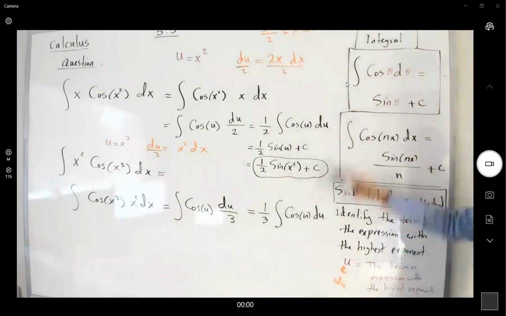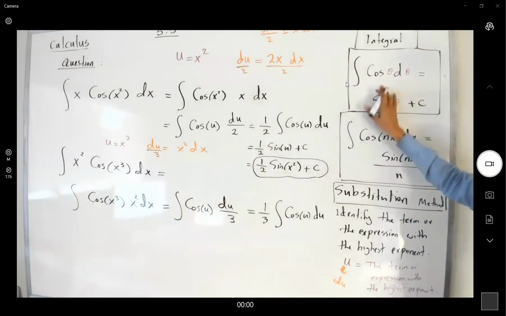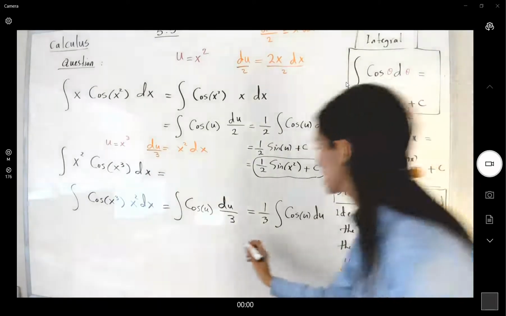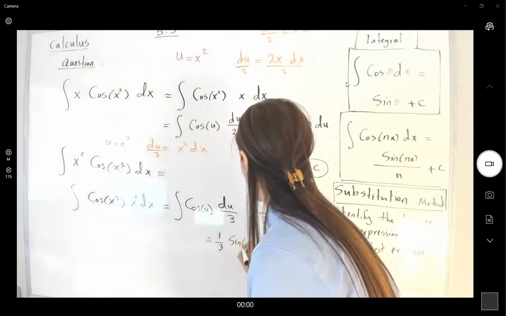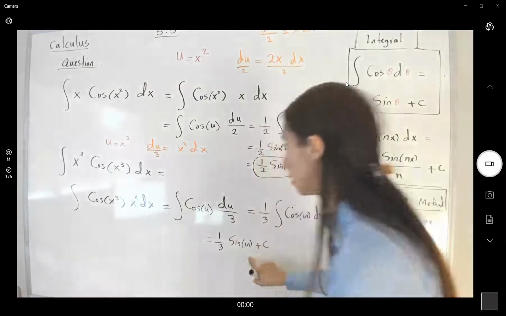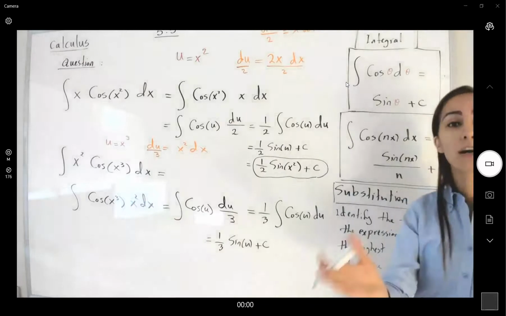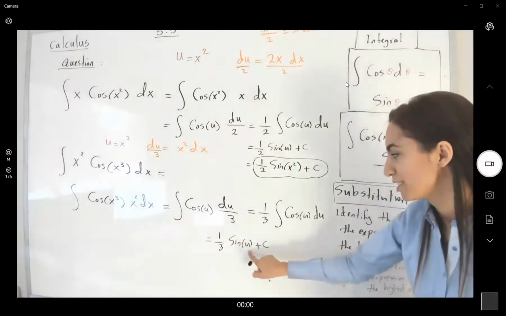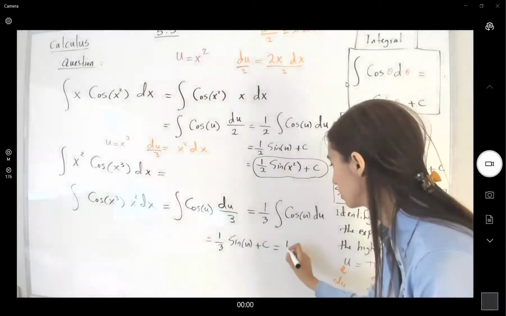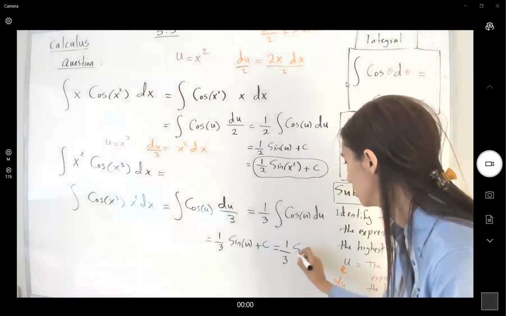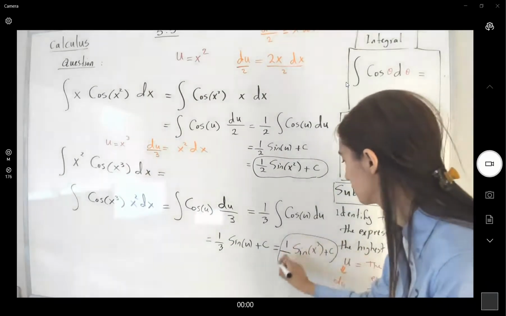The integral of cosine of any variable is equal to sine. So this is equal to a third sine u plus c. But take a look at your original question. It's in terms of x, not in terms of u. So u is equal to x cubed. Just substitute this back: a third sine of x cubed plus c.